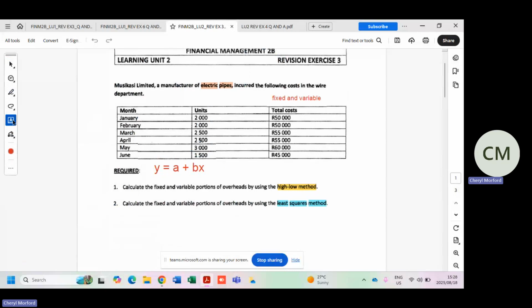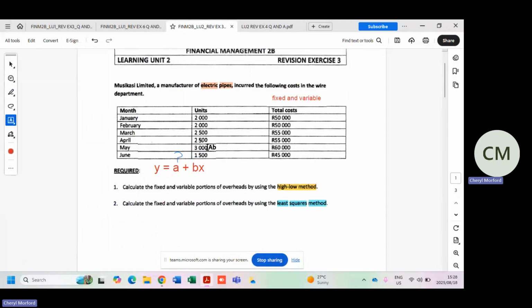So what we want to be able to find in here is A, what's the value of A, and we're wanting to find B, because that will be your variable cost in this case per pipe.